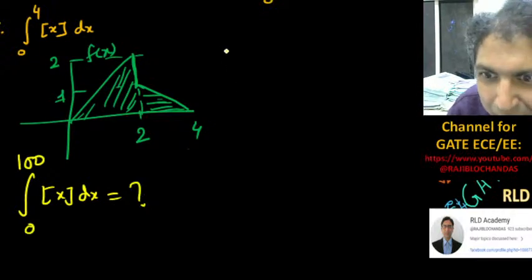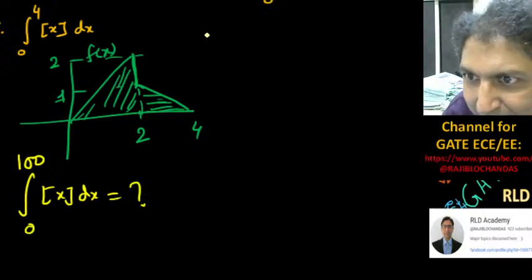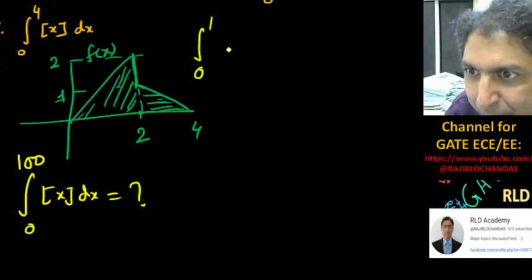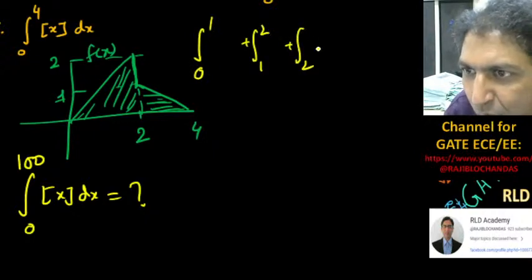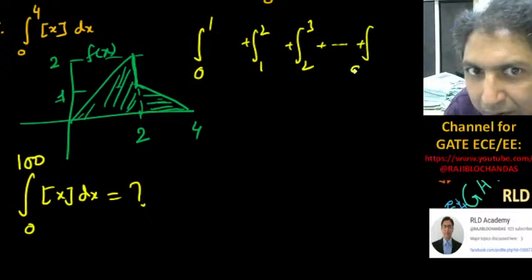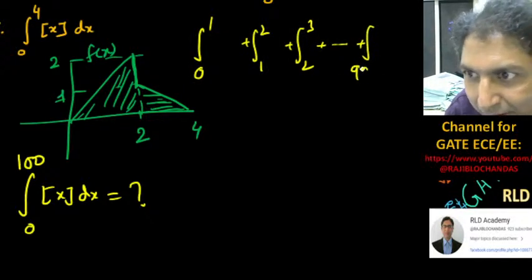So what we will do? This integration we can consider in ranges. Total 0 to 100 you have to consider. I will consider 0 to 1, then 1 to 2, then 2 to 3, like that, up to 99 to 100.